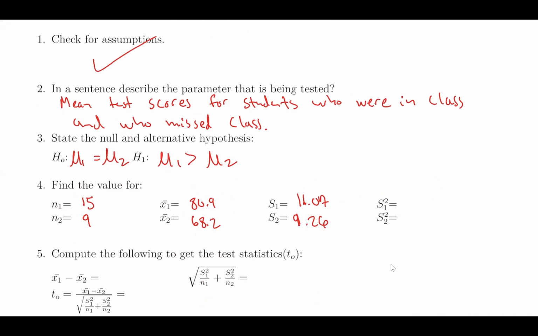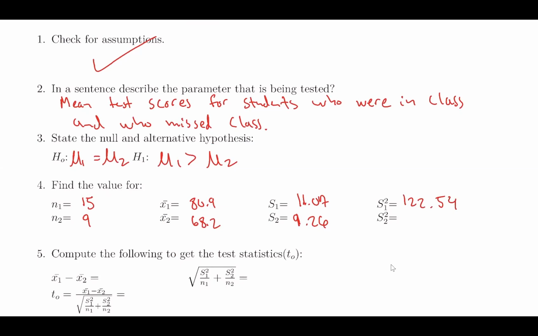All right. So what I'm going to do is s1 squared and s2 squared. So I'm going to do 11.07 squared, and that gave me 122.54.